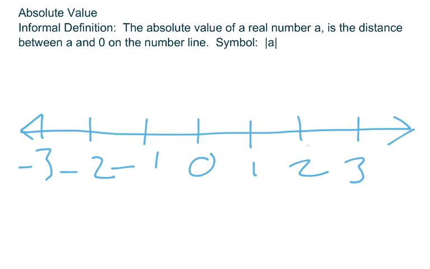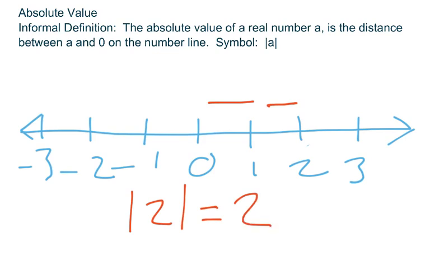And I want to look and see about the value of the absolute value of 2. Now, it's the distance or the number of units between 0 and 2. If I count units, there are 2 units between 0 and 2. That means the absolute value of 2 is 2.